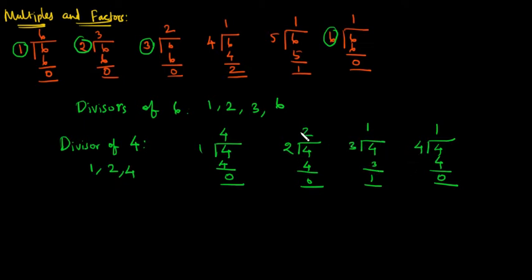Okay, so we know what a divisor is, and we know how to find the divisors of a particular number. So you can see that the divisors of 6 are 1, 2, 3, 6, and the divisors of 4 are 1, 2, 4. Let's take another number, 8. What are the divisors of 8? 1, 2, 3 won't come, so 4 and 8.